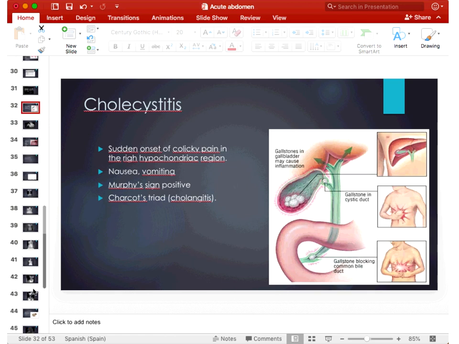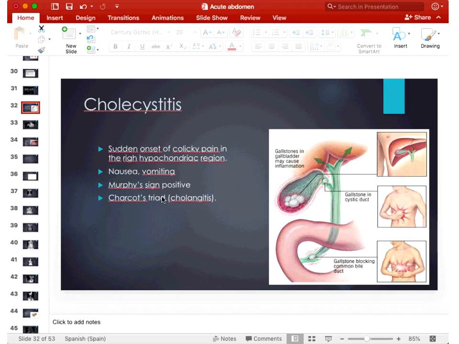All right, let's move forward. When you have cholecystitis, I told you the 4 F's. That means female, fat, 40, and they vomit. They have a very painful area in the right upper quadrant associated with ingestion of fatty food, and they have the Murphy sign.